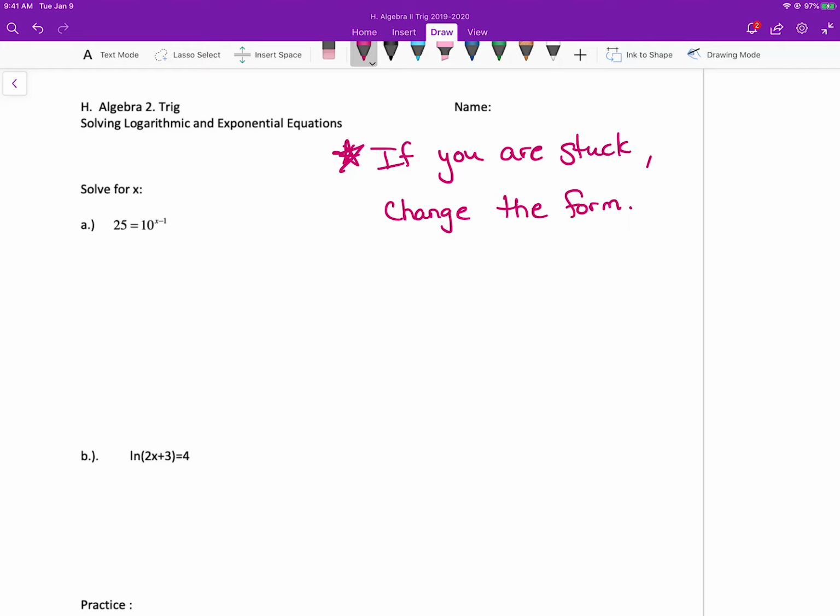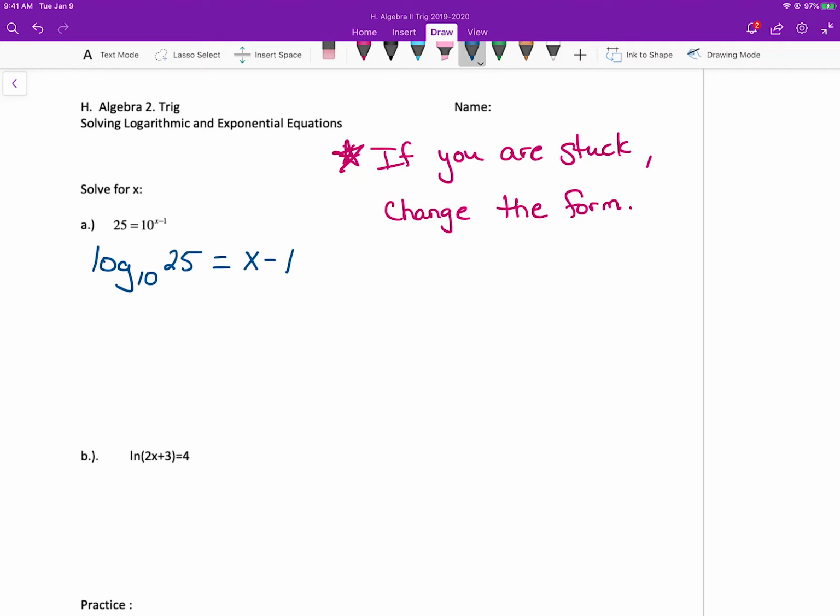So at this point, let me try to change the form. Now I'm going to have log, and my base will be 10, of 25, and it equals x minus 1.